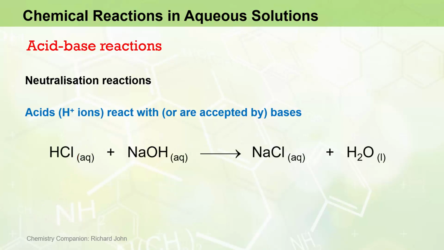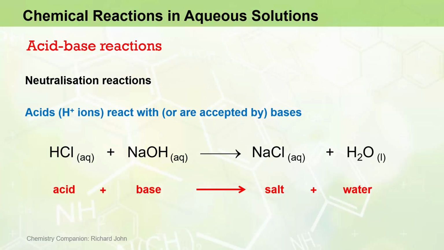So when solutions of hydrochloric acid and sodium hydroxide react, we can rewrite the acid-base equation as a full molecular equation shown here, where we see that the HCl and NaOH solutions react to produce the ionic salt sodium chloride and water. And we can write a generalised equation to represent acid-base reactions that says any acid will react with any base to produce an ionic salt of some kind plus water.